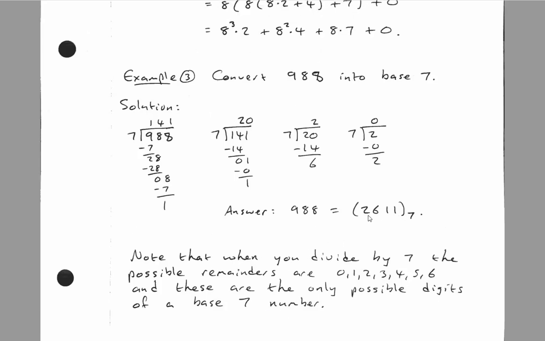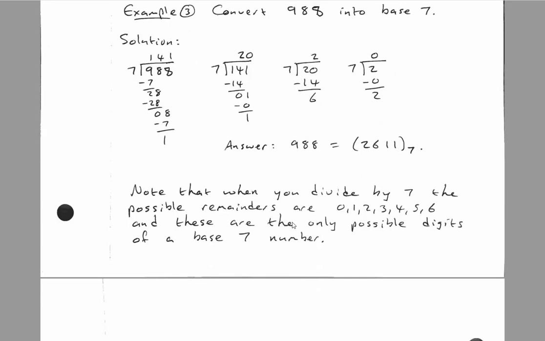I should say that these representations are unique. As long as you have this restriction on the digits, then there's only one way to write each number, just like there's only one way to write numbers in the usual base 10.